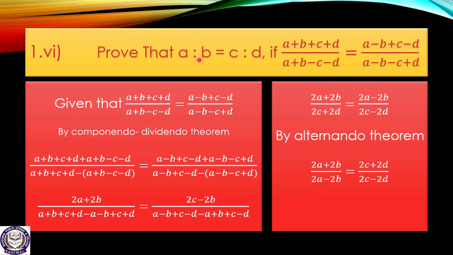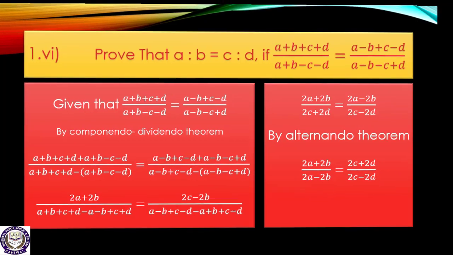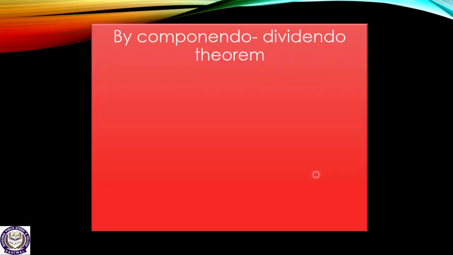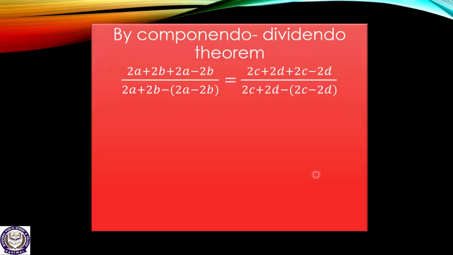We have to prove that a ratio b is equal to c ratio d. Means on the left hand side we only need a over b. To convert this fraction into a over b, we apply the componendo-dividendo theorem. By componendo-dividendo theorem, we get first term plus second term over first term minus second term, third term plus fourth term over third term minus fourth term.